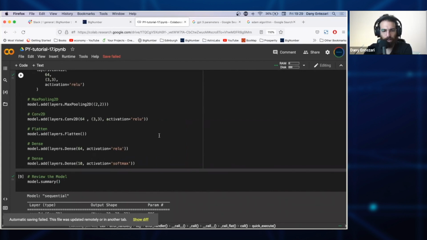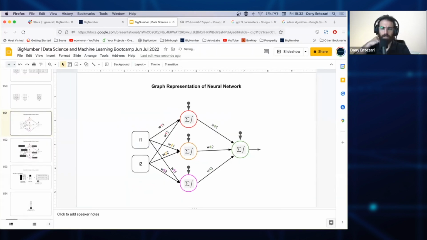First, let's talk about ReLU, and then let's talk about softmax. So this is a very simple neural network. This is this line of code here.